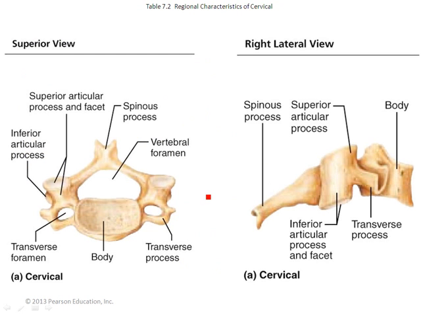You also notice on the cervical vertebrae, C3, 4, 5, 6, 7, they have that transverse foramen. They have a spinous process. There's not much of a spinous process on C1 and C2, but C3 through C7 have noticeable spinous processes. And the spinous process ends in a little Y, and we call this a bifid.